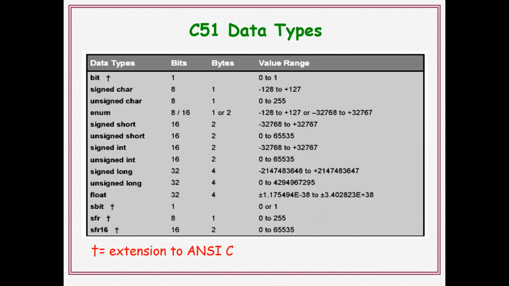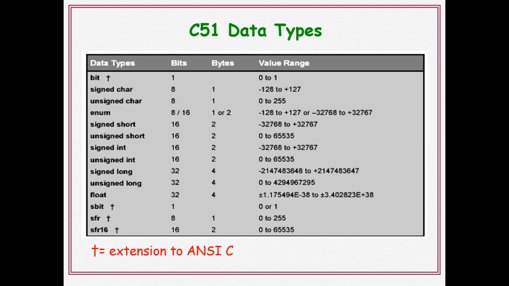Unsigned long, same 32 bits, 4 bytes, range is 0 to 4294967295. Float, it is also 32-bit, 4 bytes, which supports plus or minus 1.175494E minus 38 to plus or minus 3.402823E plus 38.